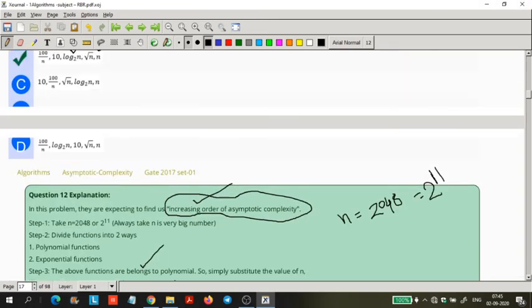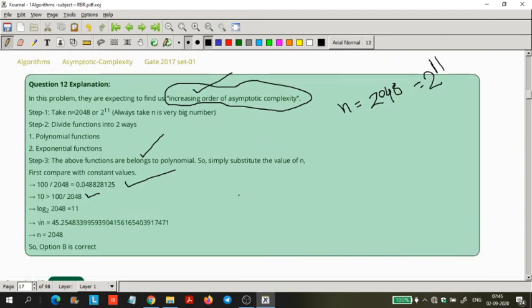Then log n to the base 2: log of 2048, which is 2 raised to 11, to the base 2, so this is 11. This is the third, and next is square root of n, which is about 45.